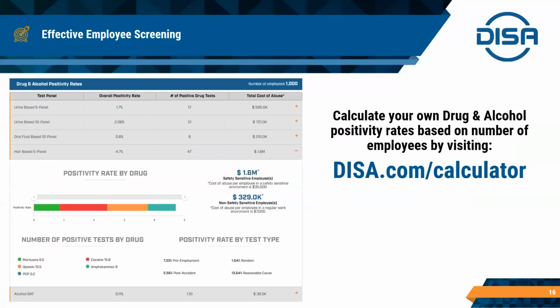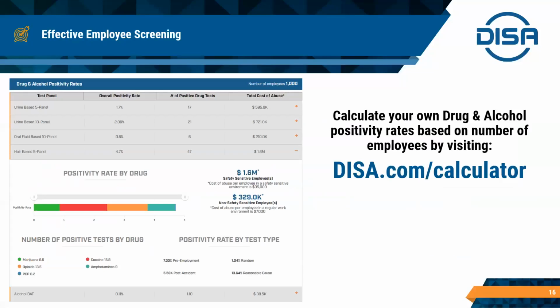I referenced our positivity rate or return on investment calculator. You can visit that at the DISA.com website. But again, punch in your number of employees. It will apply the positivity rates that we have, plus the assumed cost of a drug abuser. Oftentimes we throw out a stat of $7,000, which is the cost of one drug abuser to an employer.